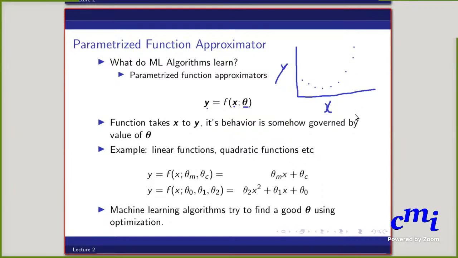So now what we're doing in machine learning is we're going to slowly optimize our functions, or slowly find more and more functions or more values of theta, so that these points are being closely matched, right?